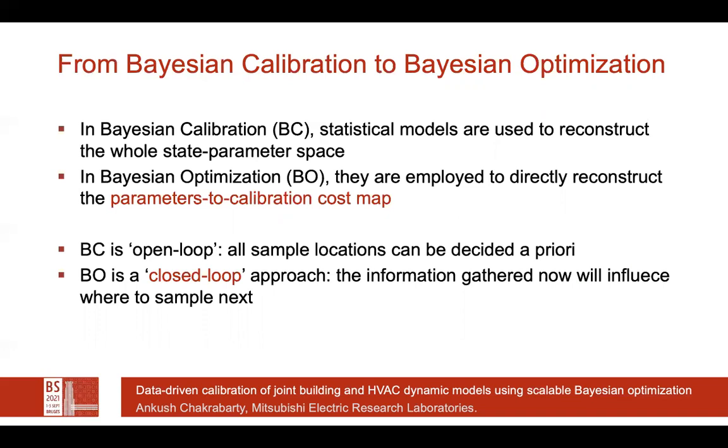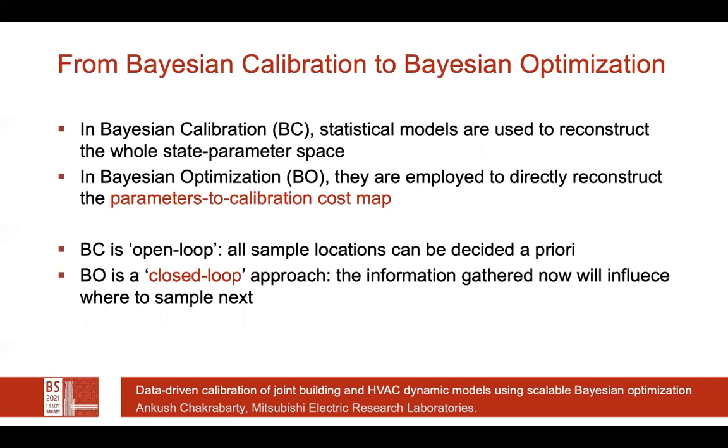However, in Bayesian optimization, we rely directly on the high fidelity model, such as a Modelica model or an Energy Plus model, in order to give us state updates. And instead, we are learning only a map from the parameters to the calibration cost. And typically, this learner has to solve a simpler task than what Bayesian calibration has to do, because we're learning a simpler problem, just learning what a cost function looks like based on data.